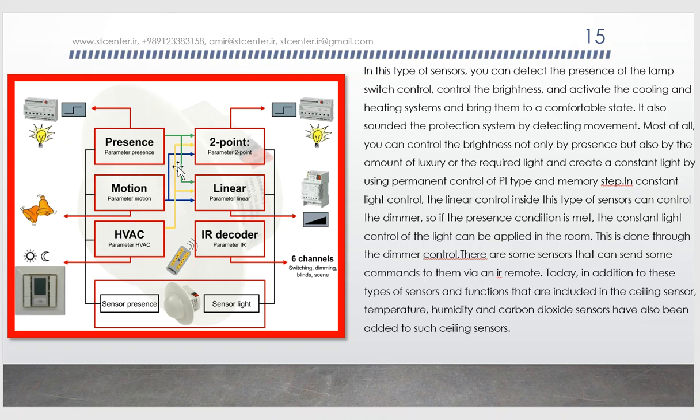Then it can provide us different types of control in light control, if it has it: 2-point control, PI control, and so on. Also, as the European standard likes, many of these sensors can set their regular parameters by IR remote, some very simple IR remote.